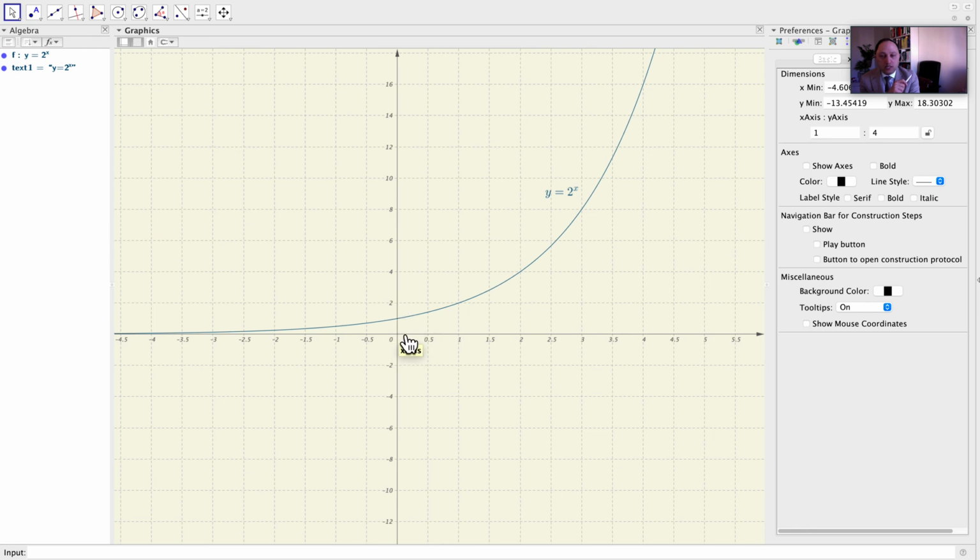And each grid on the x-axis is 0.5 units. The reason I did this is because I want to make this exponential function a little bit more flat so that you can at least see up to point 16 here. Otherwise 16 would be out of my display. That's the only reason that you see different scales on the x and y axes, yes?